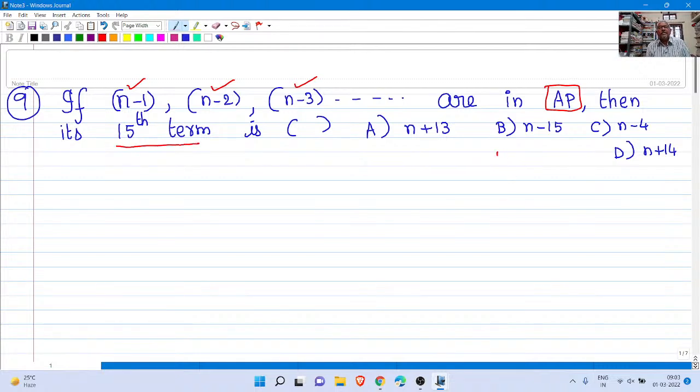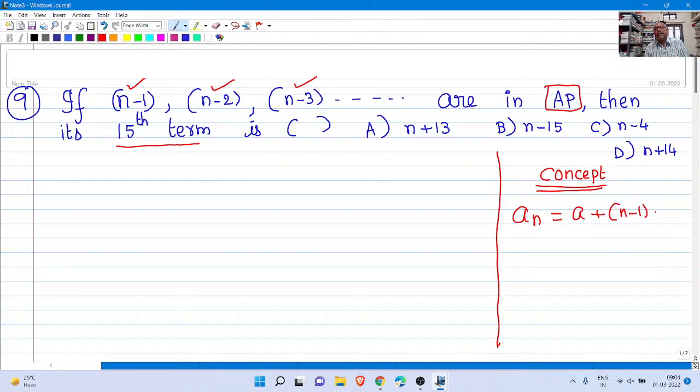The formula we need to use is the nth term formula of an arithmetic progression: A plus n minus 1 into D. Here we need A15, so substitute 15 for n: A plus 15 minus 1 into D, that is A plus 14D. That means we should know the A value and the D value.